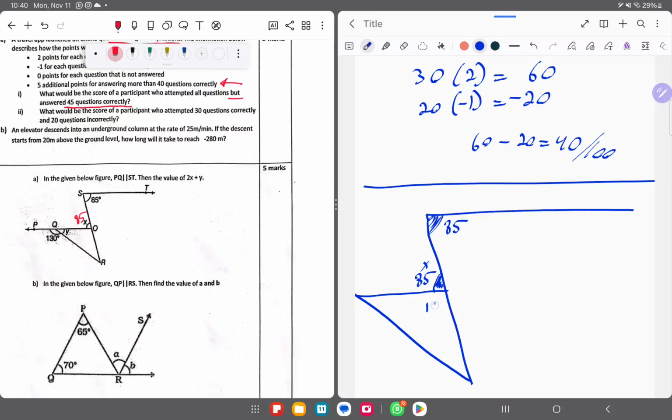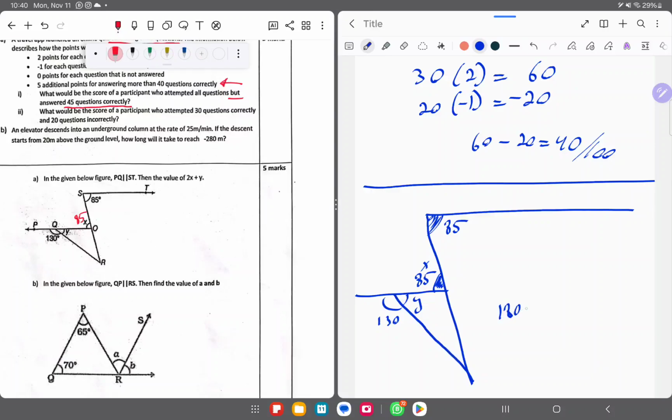Y, this one is 130. This is the y. This is 130.